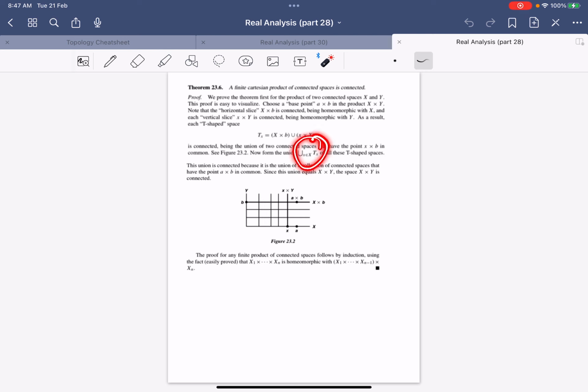And thus, the union of all these T's equals X cross Y, and hence X cross Y is connected. So if you get all the T's, then you get all the points in X cross Y. So the union equals X cross Y. But because they have a point in common, A cross B, the space is connected.